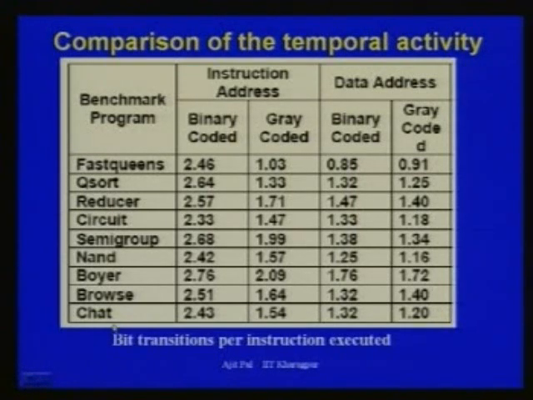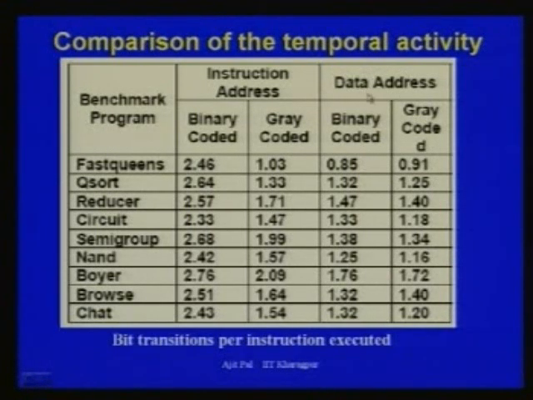This was tested with the help of a number of benchmark programs. You can see there is significant reduction in the bit transitions per instruction, and the less the bit transitions, the less the power dissipation will be. So, if instead of 2.57 it becomes 1.75, 1.71, roughly the power dissipation will become half.